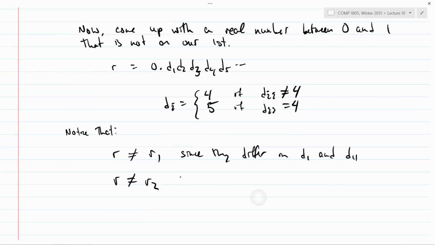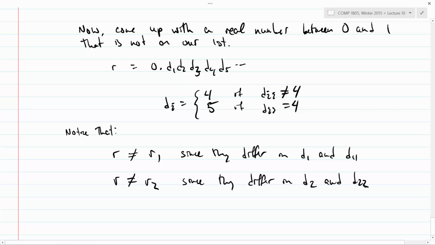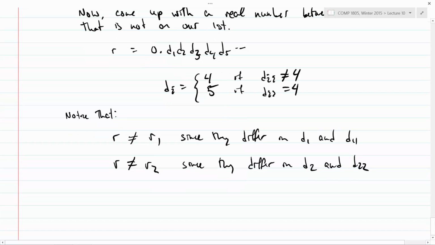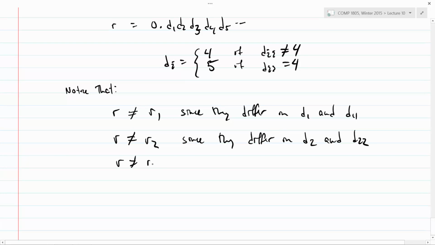So R does not equal R2, since they differ in D2 and D22. And hopefully now you can see what's going to happen. R does not equal R3, since they differ in D3 and D33, and so on.